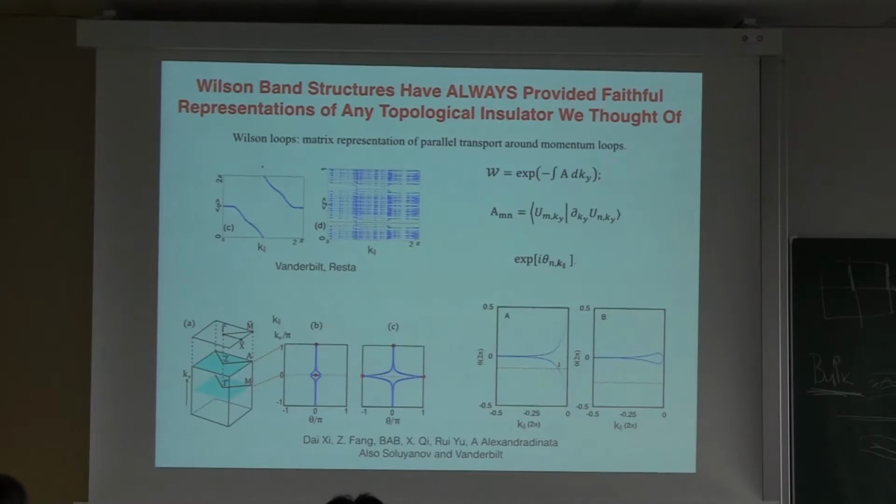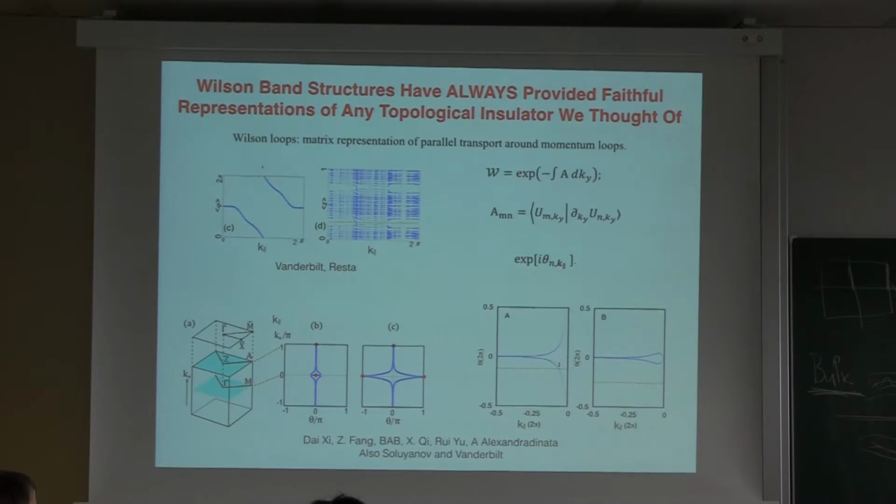Now once I build this projector, I can do weird things with it, such as do parallel transport. The reason why projectors are good is that you start with an eigenstate at some momentum k. Notice that the bands are orthonormal only at the same momentum. So for example, psi n of k with psi m of k is equal to delta mn, but there's no such relationship between psi n of k and psi m of k prime.